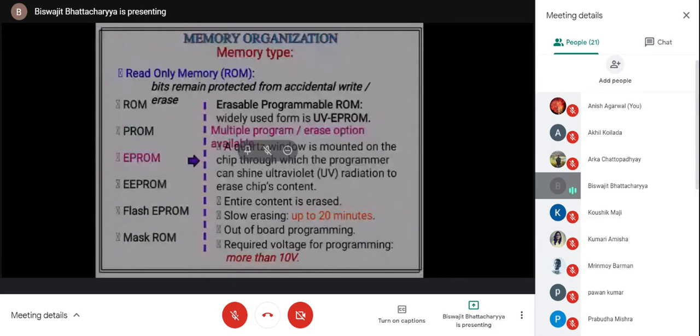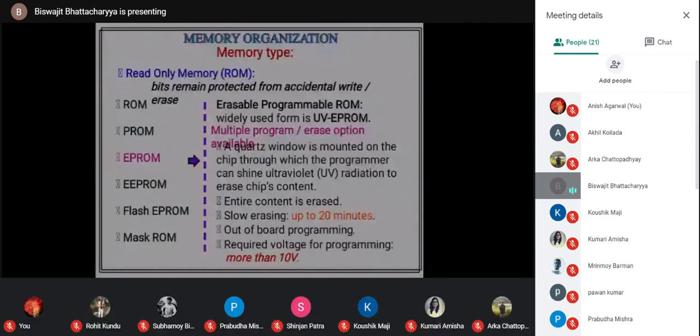If the programmer exposes the chip to UV radiation, the ultraviolet radiation will penetrate the quartz window and reach the core of the chip to destroy the bit content.